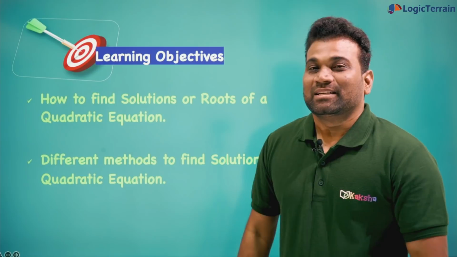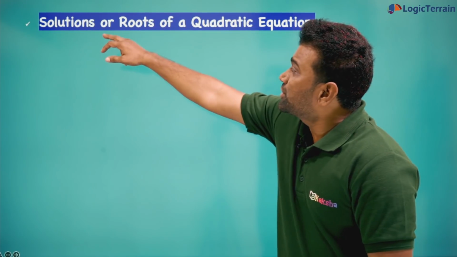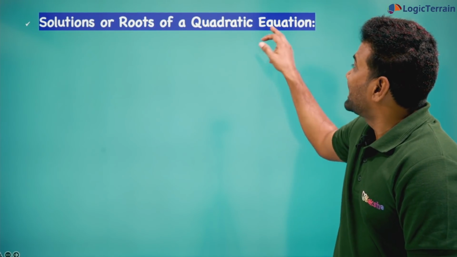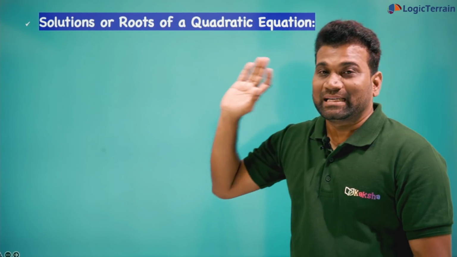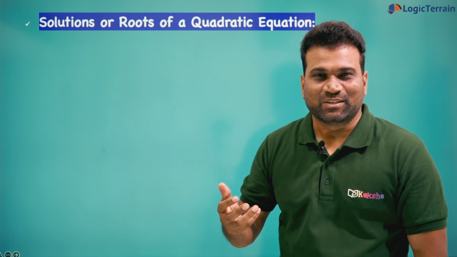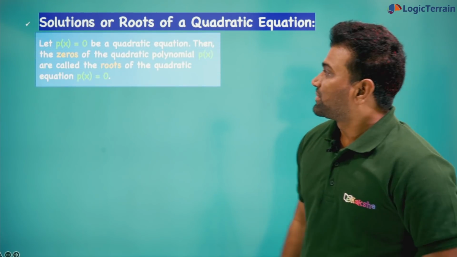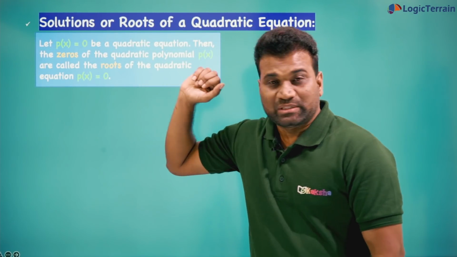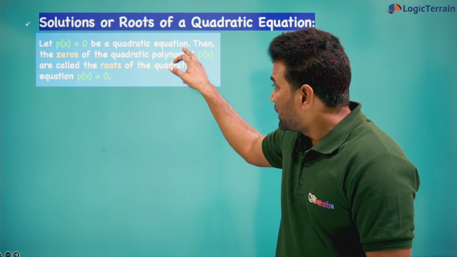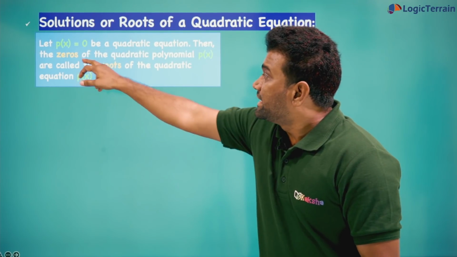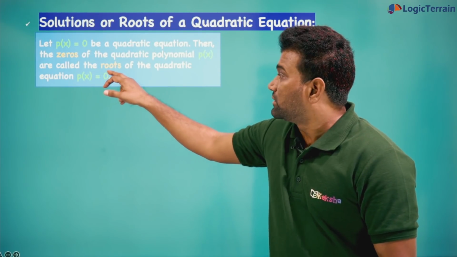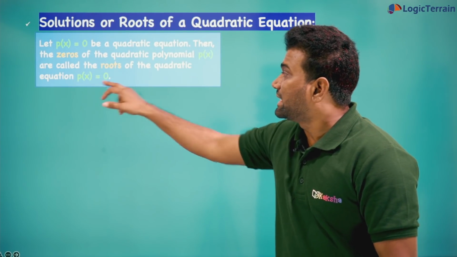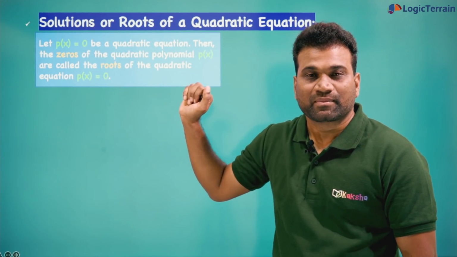Now, solutions or roots of a quadratic equation. What exactly are solutions or roots for a given quadratic equation? That we need to understand. Let p of x equal to 0 be a quadratic equation. Then the zeros of quadratic polynomial p of x are called the roots of the quadratic equation p of x equal to 0.